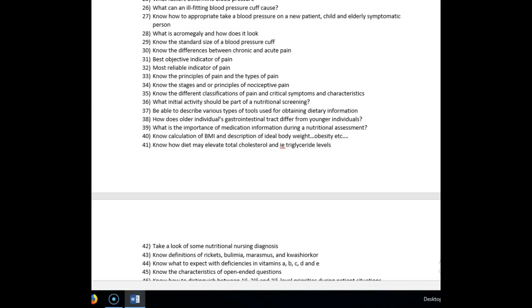Vitamin A deficiency, a lot of times, causes visual problems.